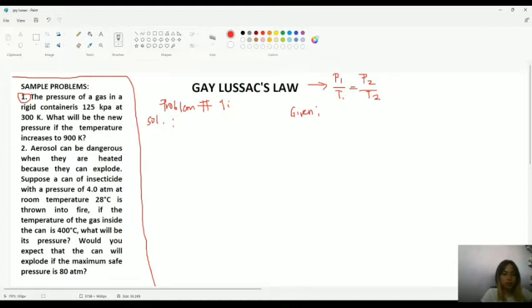So, sa given, meron tayong initial pressure na 125 kilopascal and may initial temperature tayo na 300 Kelvin.